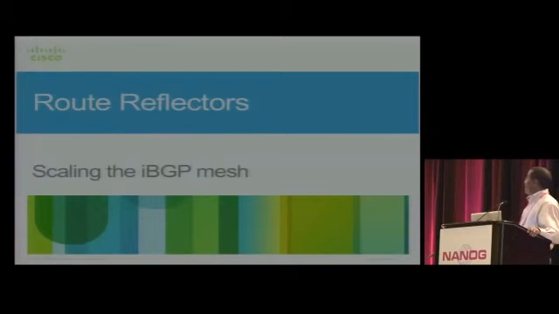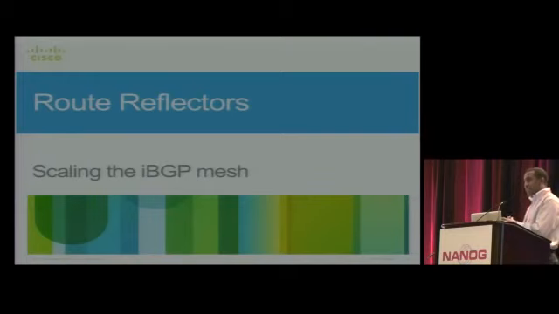The next scaling technique is route reflectors. Earlier we said that all routers within an autonomous system have to have a full IBGP mesh, particularly if some of those routers are going to be used for transit. If it is not going to be used for transit, then you can exclude it from participating in BGP.